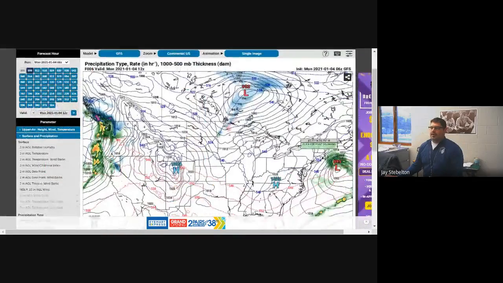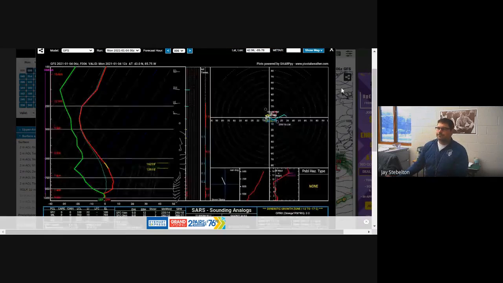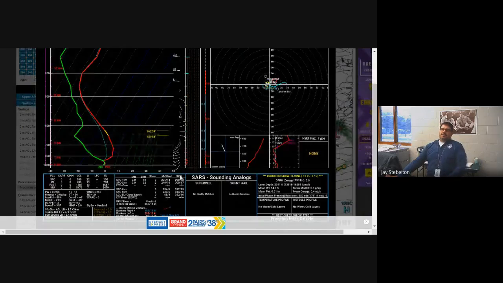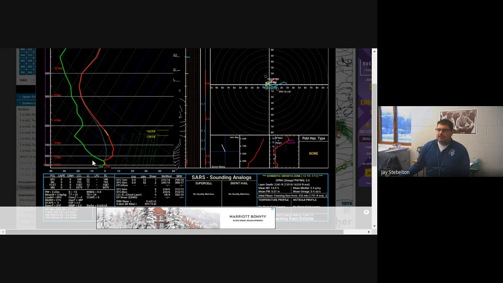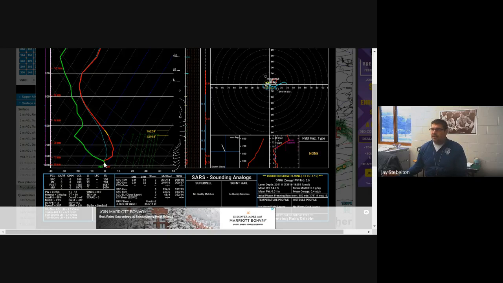So here's just one more. Let's look at ours for today. Oh, this is a good one. What do you notice about near the ground? Temperature and dew point are the same, which means saturated air or clouds forming.